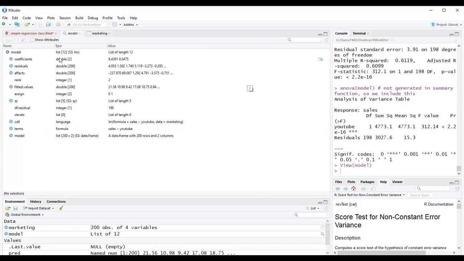Si model, guys, yung model na object, meron siyang labing dalawang laman. 12 objects inside the model object. So, andyan yung coefficients. Ang coefficients daw, dalawa yung laman. Andyan si residuals, andyan si effects, andyan si rank, fitted values, 200 yung laman, etc.